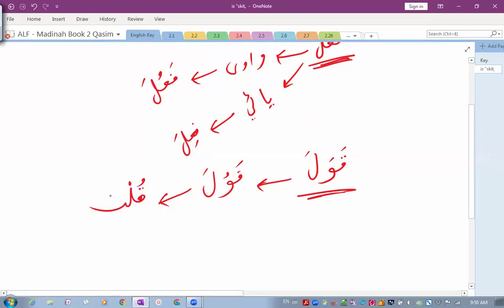Now let's say it is yai, so baya'a. This is yai, right? So we will treat it as bayi'a, and then bi'ta. So the first example is from Bab Fatah Yaftahu.